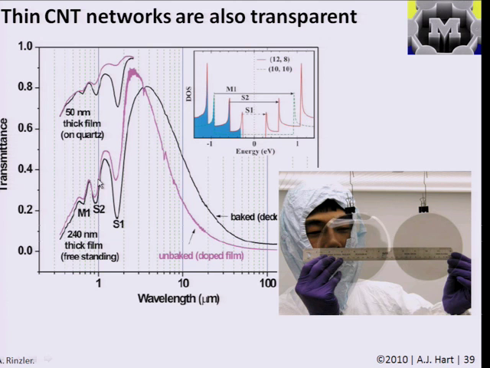And there, if you deposited a thin film of nanotubes of a particular chirality and therefore a particular band gap, you would essentially have a color filter. You would have, say, a thin film of a certain color where that color corresponds to the band gap of the nanotubes of that particular chirality. And depending on the thickness of that film, you would be able to change the transparency of it and the conductivity of it. So there are some more interesting materials that are being built upon this principle.